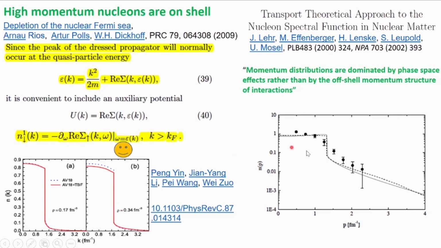There are also studies in transport theory about the nature of this high momentum tail. Based on the study by the Giessen group, this high momentum tail mostly comes from phase space effects inside off-shell propagation of nucleons. So these high momentum nucleons are on the mass shell.